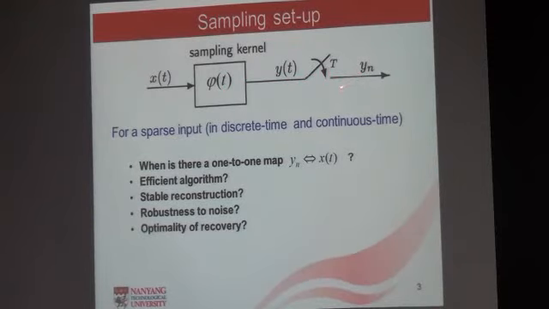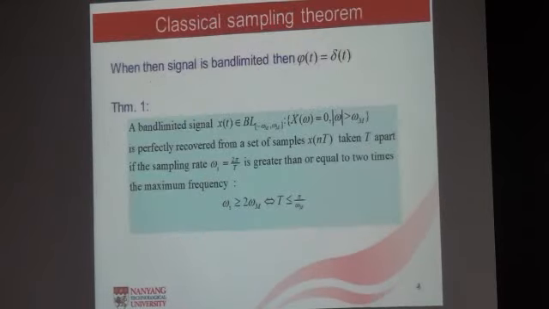Okay? So the questions that come into play are, when is there a one-to-one map between the samples that you acquired and the original continuous time signal? Are the algorithms efficient? Is it a stable reconstruction? Is it robust to noise? And is the recovery optimal? These are some of the questions that are of interest to this area.